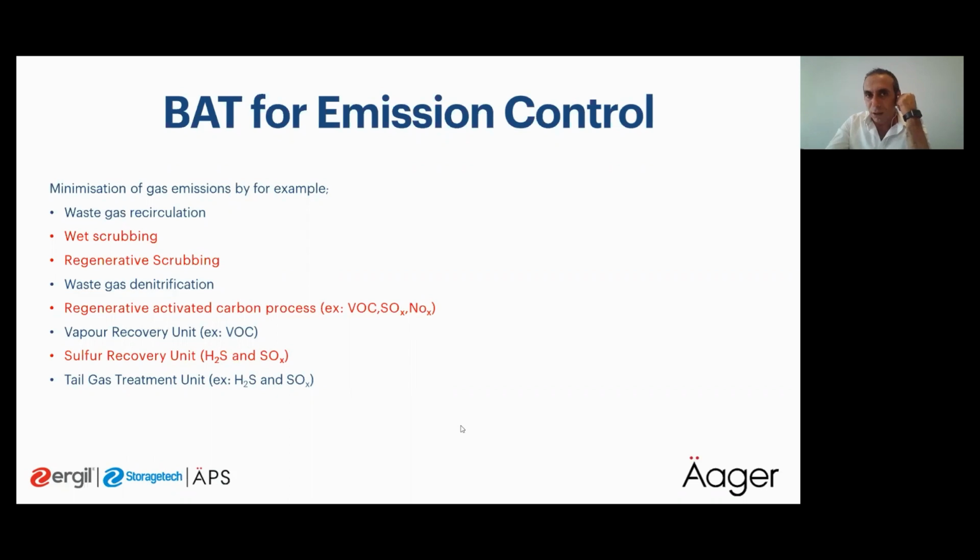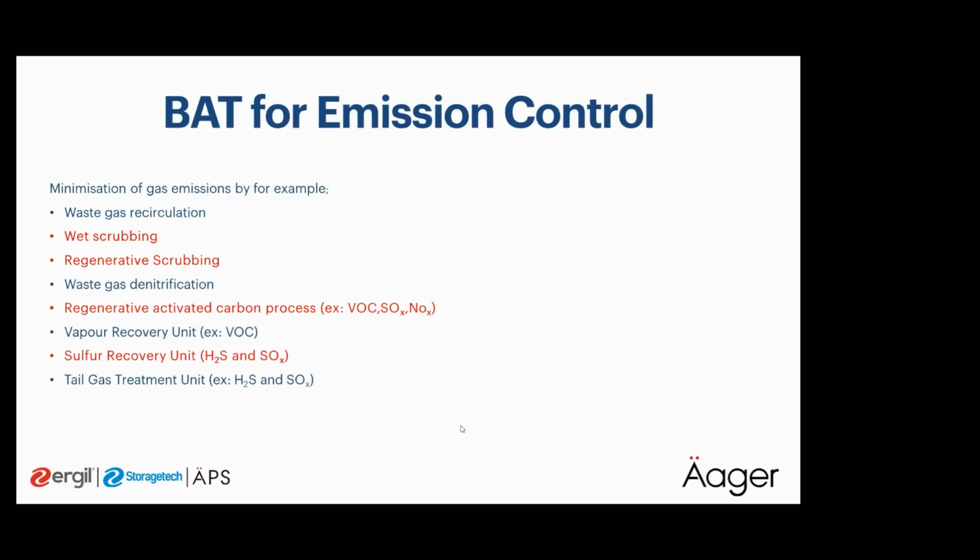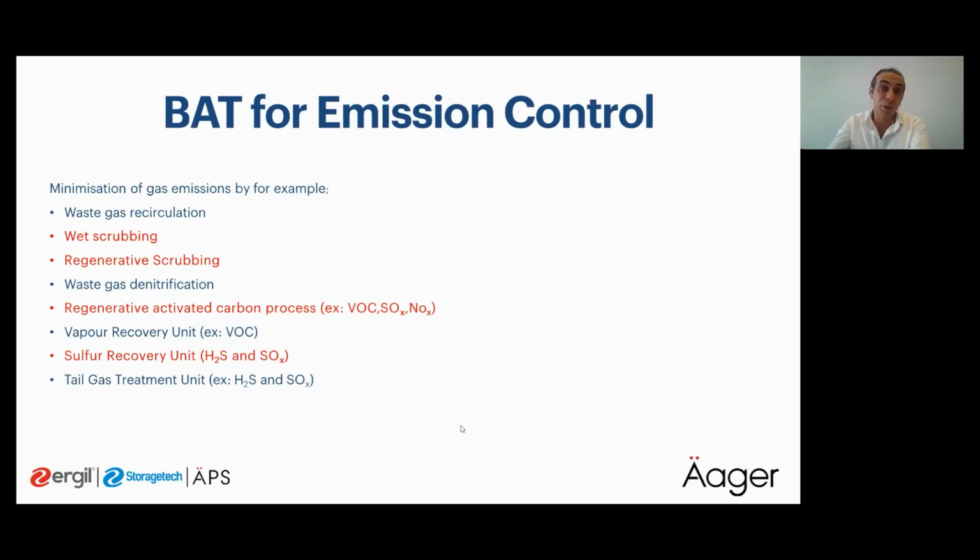BAT for emission, also EPA follows this rule, the best available technology for the emission control units. While controlling and reducing the emission, some changes are listed here.